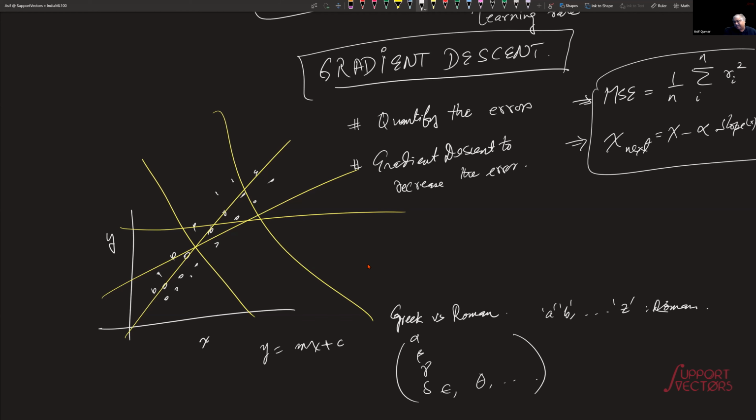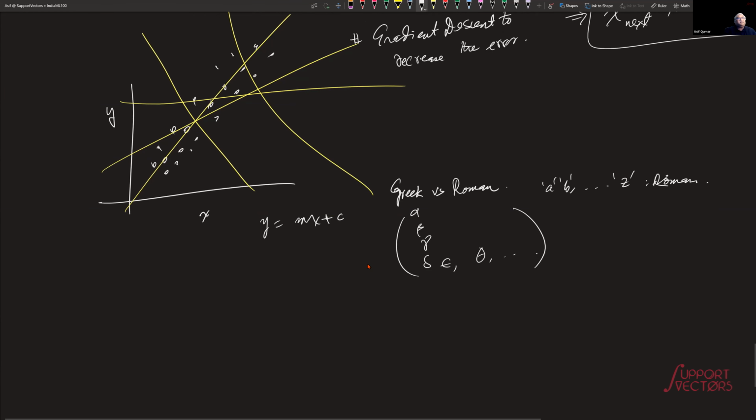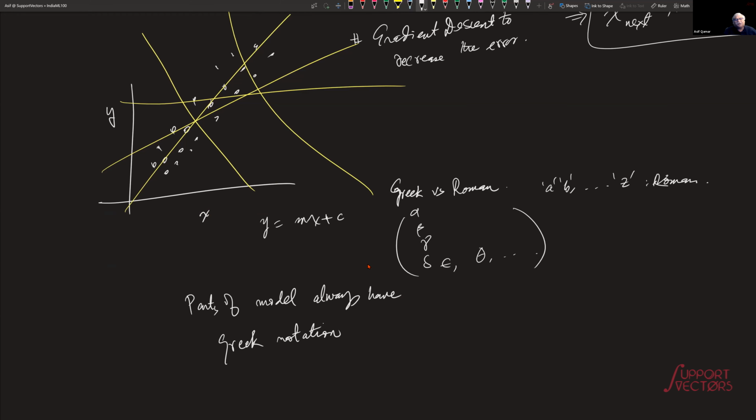So in machine learning, for no rhyme or reason, you just need a convention to be able to tell apart what is data and what is your model. We use a rule: parts of the model always have Greek notation. Well, most authors follow that; some authors don't.